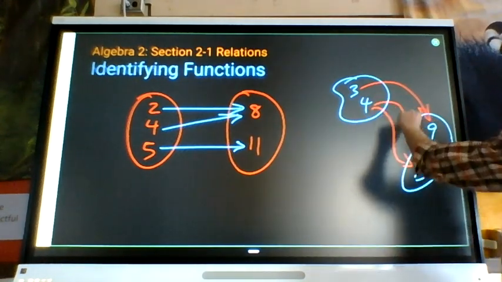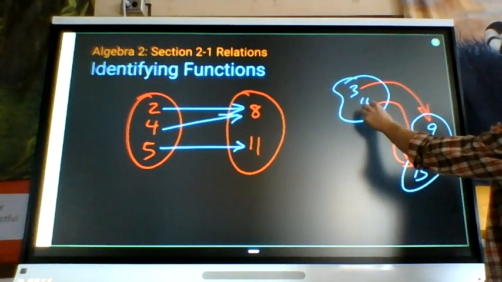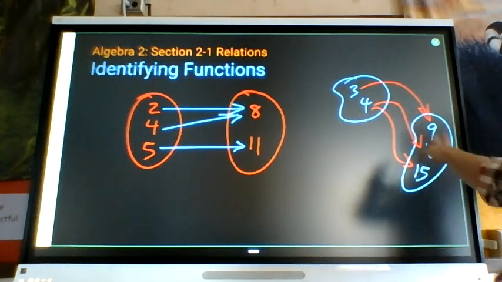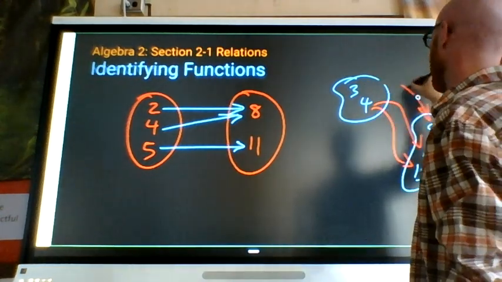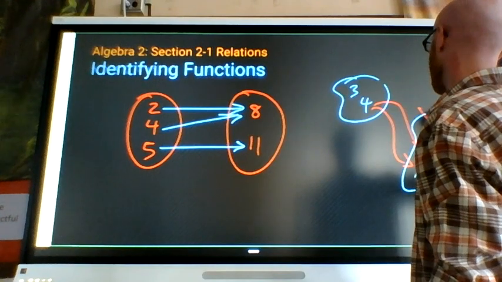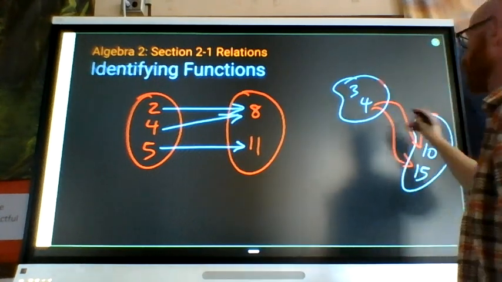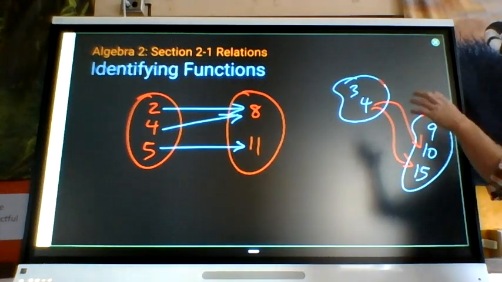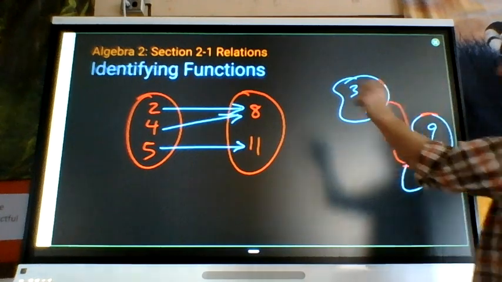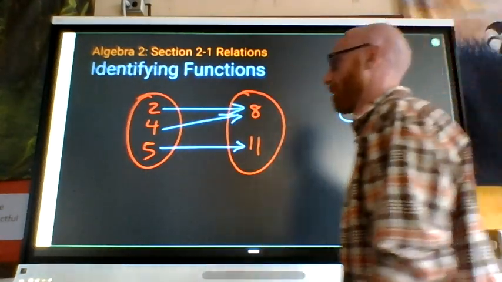Okay, 2 arrows are leaving 4. All right, this input has more than one output. Similarly, if an input had no output, if 3 didn't map to anything, then we would not have a function. All right, so in a mapping, you want to see exactly one arrow leave from each input.